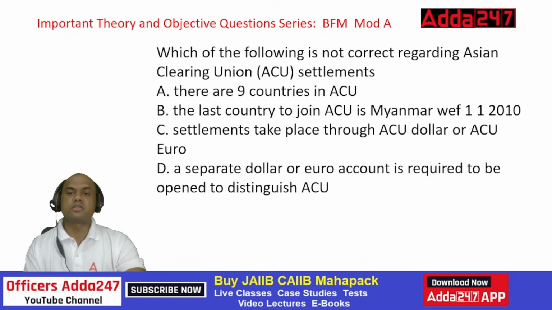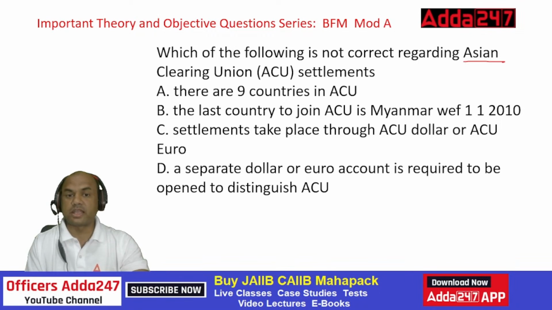Which of the following is not correct regarding Asian Currency Unit settlements, ACU settlements? Which of them is not correct? What is ACU? ACU is a group of Asian countries. There are various countries in this: India, Iran, Pakistan, Sri Lanka, Myanmar, right?